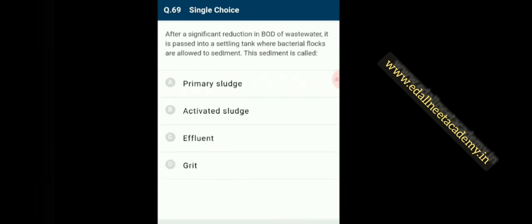Question number 69. After a significant reduction in BOD of wastewater, it is passed into a settling tank where bacterial flocs are allowed to sediment. This sediment is called. In the wastewater treatment process, the treated primary effluent is transferred to large aeration tanks.